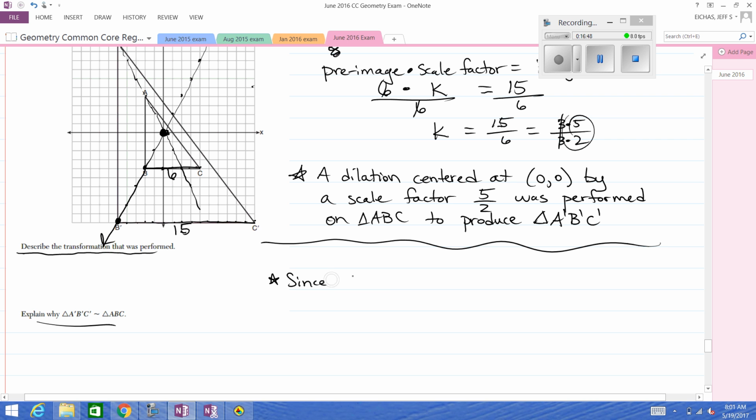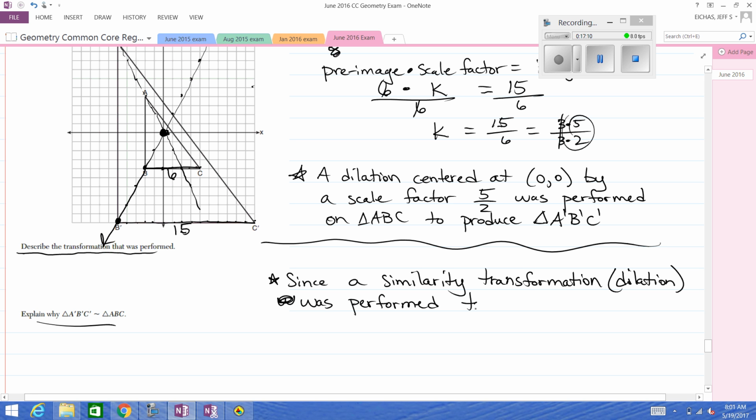So since a similarity transformation, specifically dilation, was performed to map triangle ABC onto triangle A prime, B prime, C prime, the figures must be similar.